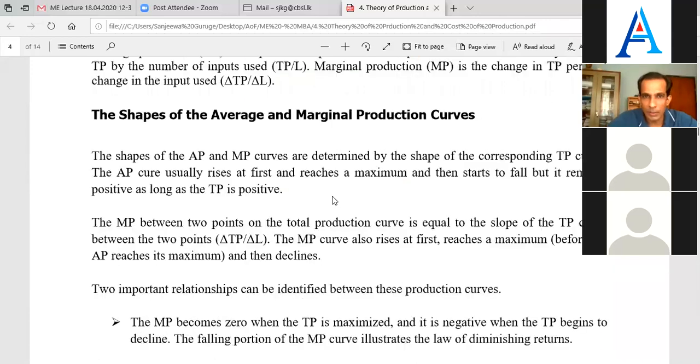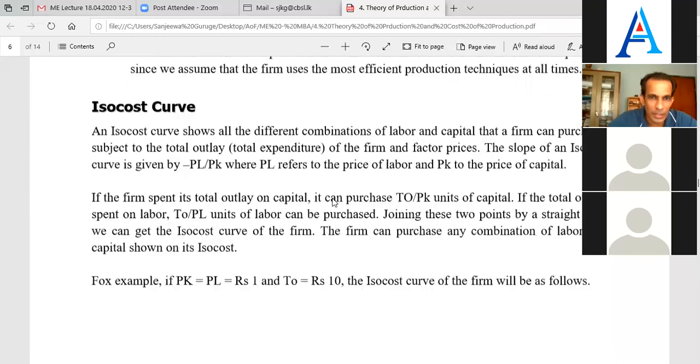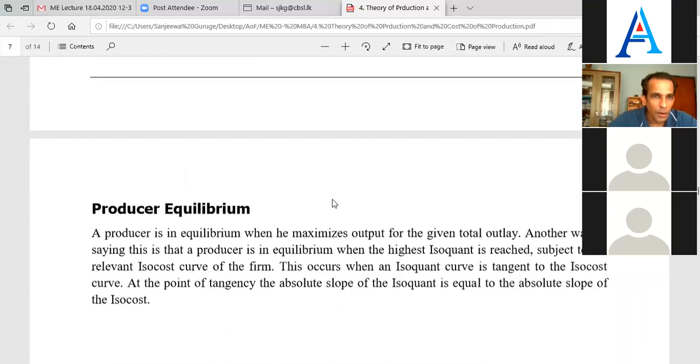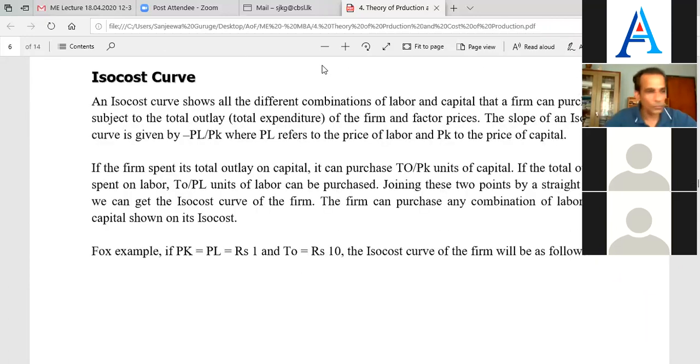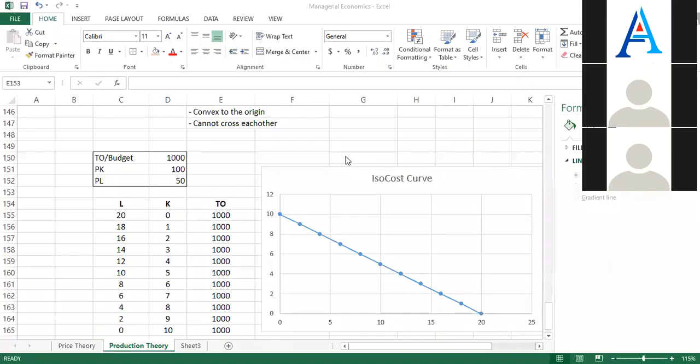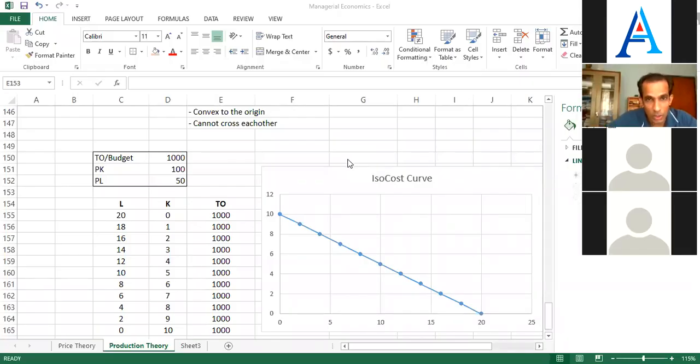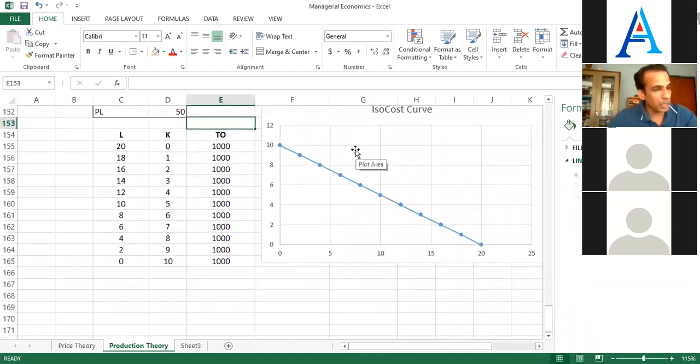I think here I have not given these graphs, because that is not easy to draw here. So if we draw both this iso-cost curve and isoquant curve in the same graph, we can see what is the maximum level the firm can produce, subject to the iso-cost curve, right?